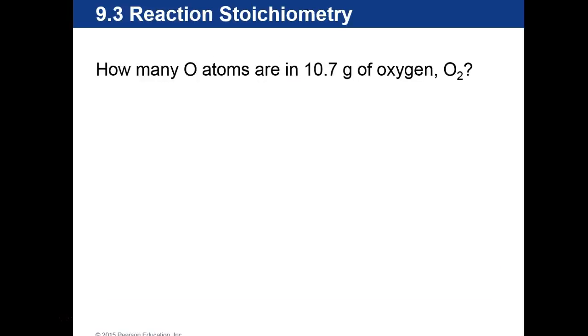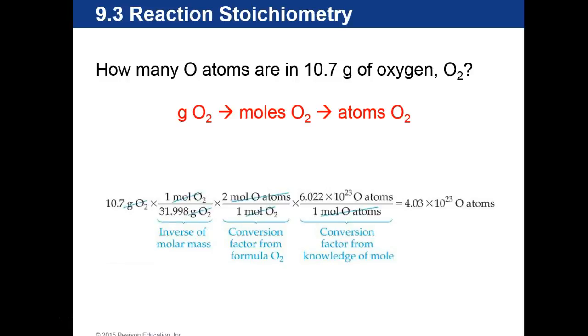So here's another one. How many oxygen atoms are in 10.7 grams of oxygen, which is O2? Pause here. When you're ready to see the answer, continue on. From here, we go grams of oxygen to moles of oxygen to atoms of oxygen. So we start with our 10.7 grams of oxygen.